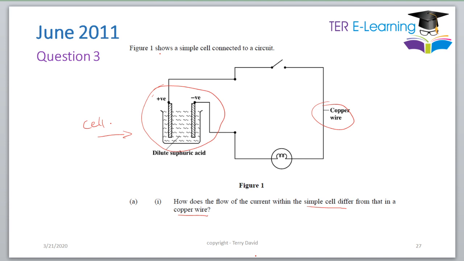So how does the flow of the current within the simple cell differ from that of the copper wire? Right?